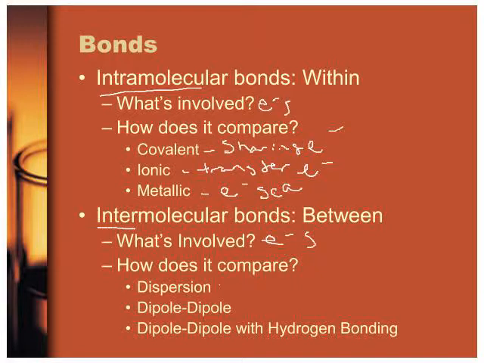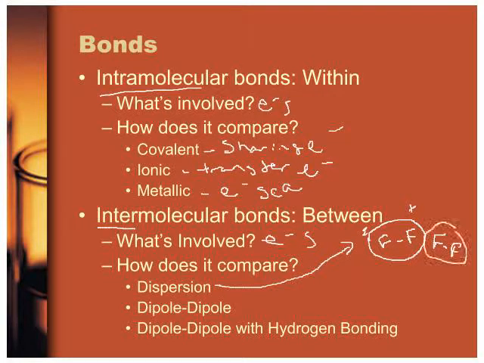With your dispersion forces, I'm going to kind of draw it up here. We talked about fluorine with your non-polar covalent bonds, where the electrons manage to kind of sync themselves up so that occasionally you have a negative side and occasionally a positive side, and that's how it'll attract itself to other molecules ever so briefly.